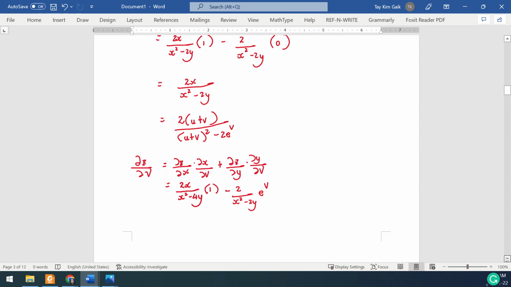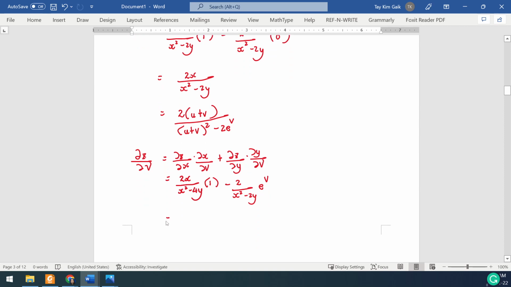Okay, substitute back, x is actually u plus v. So the first term is the same as del z del u. So you have u plus v squared minus 2 exponent v, and this is minus 2y, sorry.